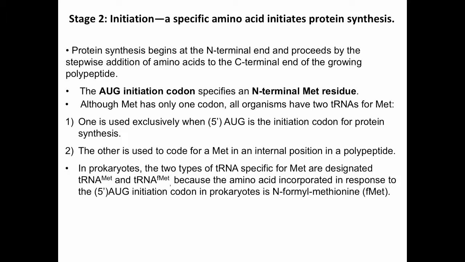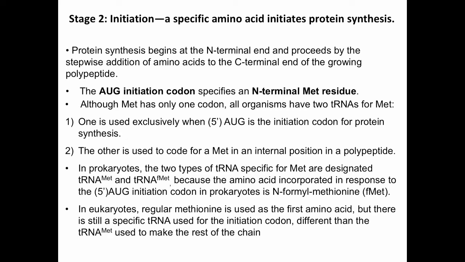So in prokaryotes, there are two different tRNAs that are specific for methionine, and they are designated tRNA Met and tRNA fMet. This tRNA fMet represents that 5' AUG initiation codon, and it will be attached to a methionine that eventually becomes N-formylated.